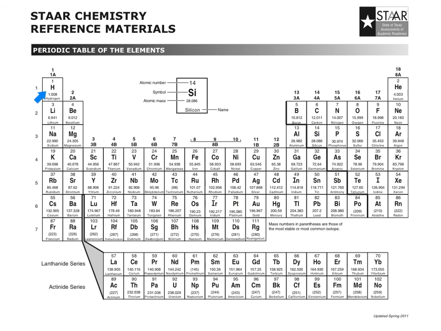So remember that everything in group 1 is an alkali metal, everything in group 2 is an alkaline earth metal. So if I look at my periodic table, here's sodium. Sodium is in group 1. These are my alkali metals.